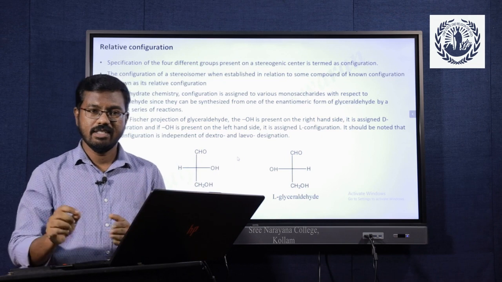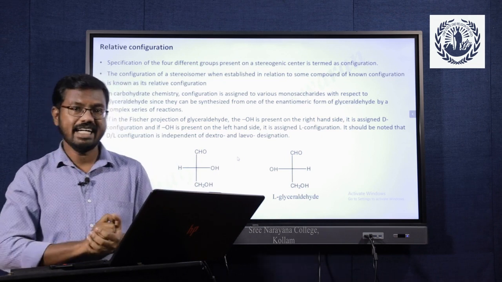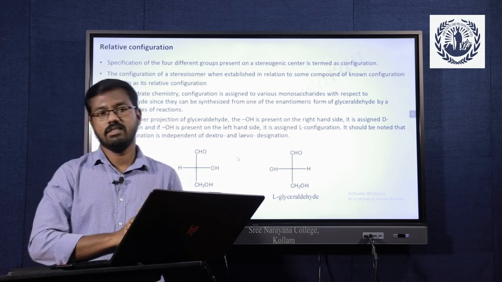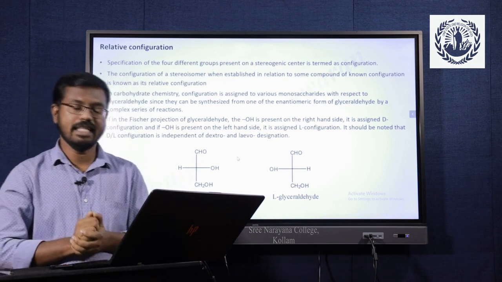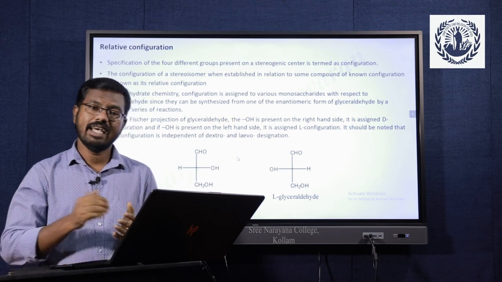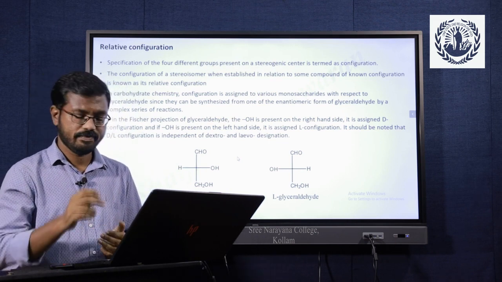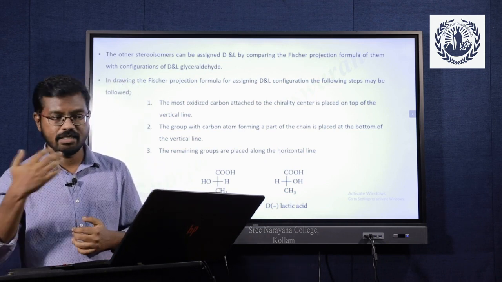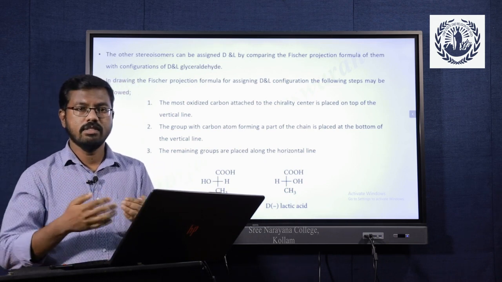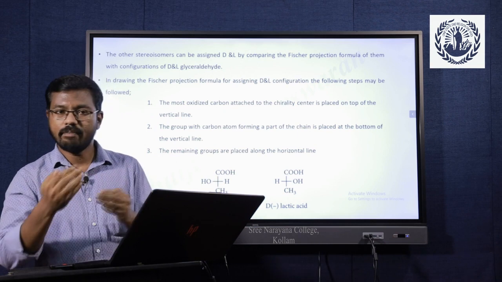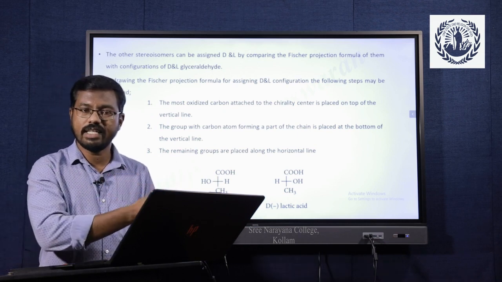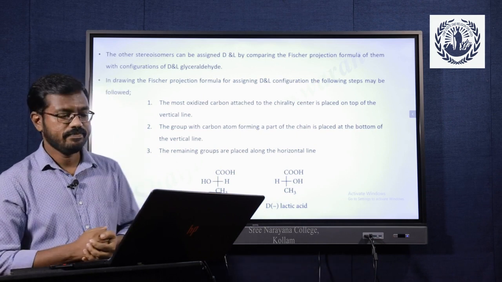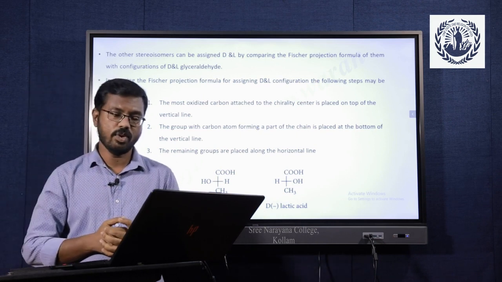So, here it is represented with capital D. If the OH group is on the left side of the horizontal line, then we will term it as L-glyceraldehyde. As I mentioned, the other stereoisomers are assigned by comparing them with the configuration of D and L glyceraldehyde. There are some rules to be followed.